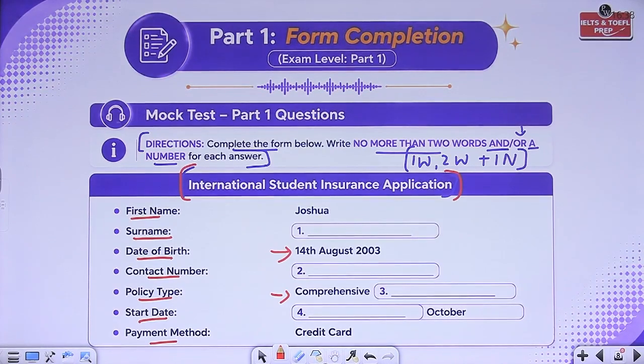Good morning. Welcome to Global Shield Insurance. How can I help you today? Hi, I need to set up a health insurance policy for my university course here. Absolutely. Let's get your details down. I see your first name is Joshua. What is your family name, please? It's Abernathy. Let me spell that for you.